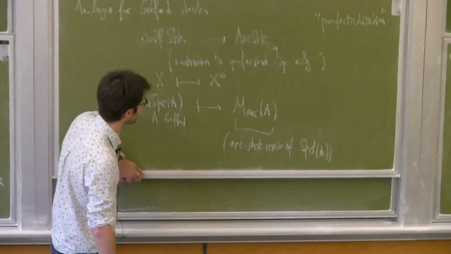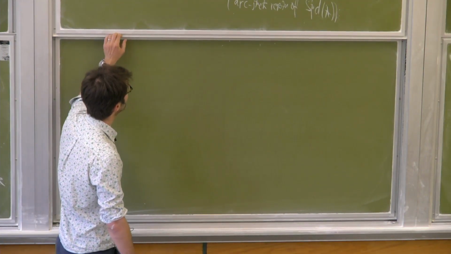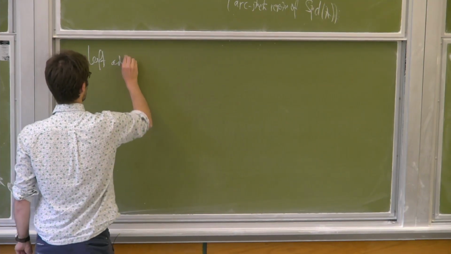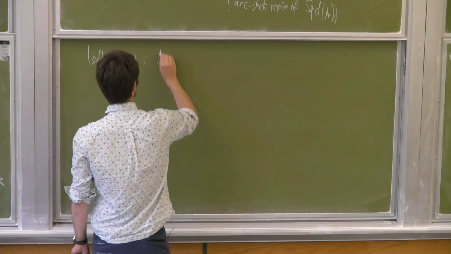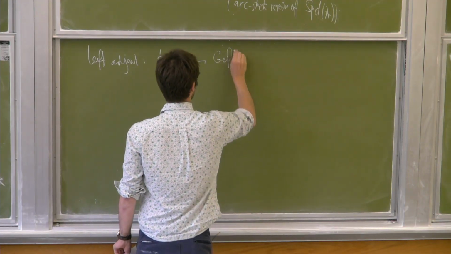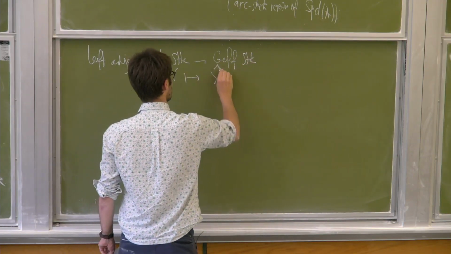And again, this functor has a left and a right adjoint. So the left adjoint will be a functor from arc stacks to Gelfand stacks, which I will denote X goes to X hat.